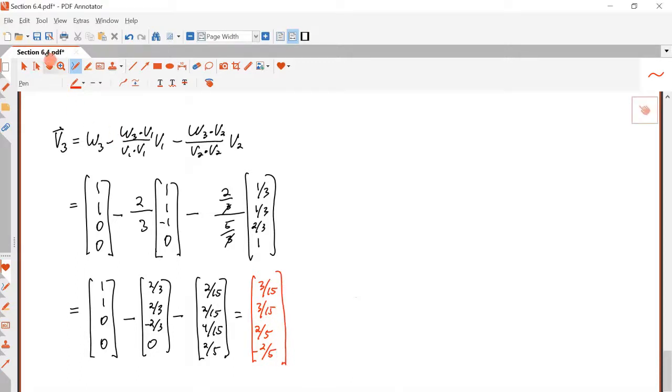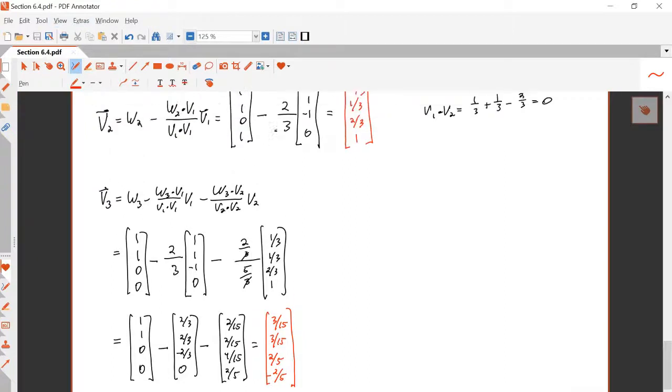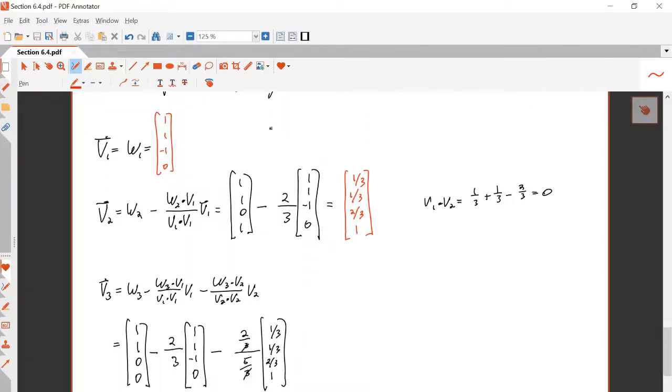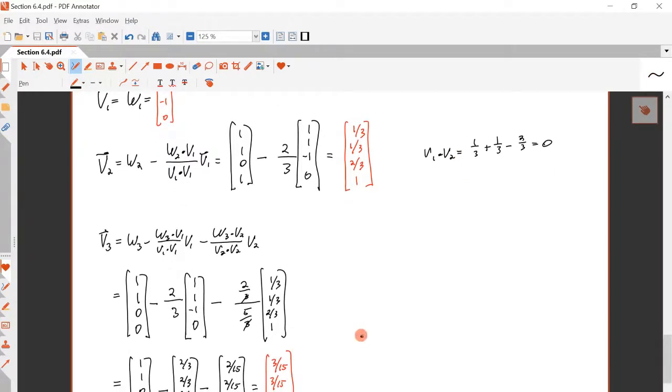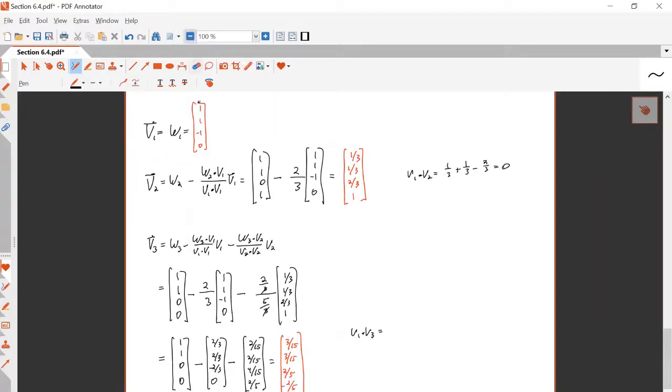So now we just have to check those dot products. We already checked that V1 dot V2 is 0. Now let's check the rest. V1 dot V3: this is V1, this is V3.